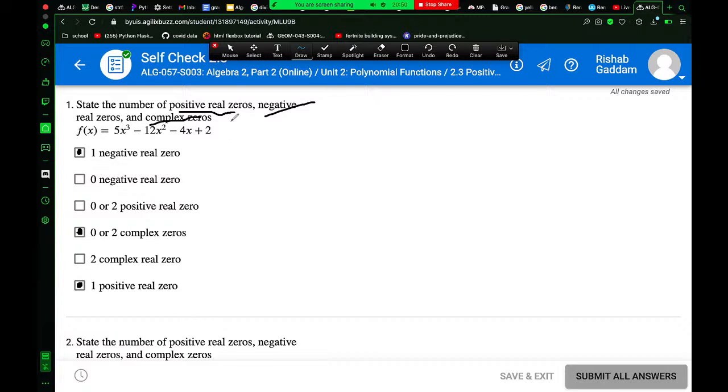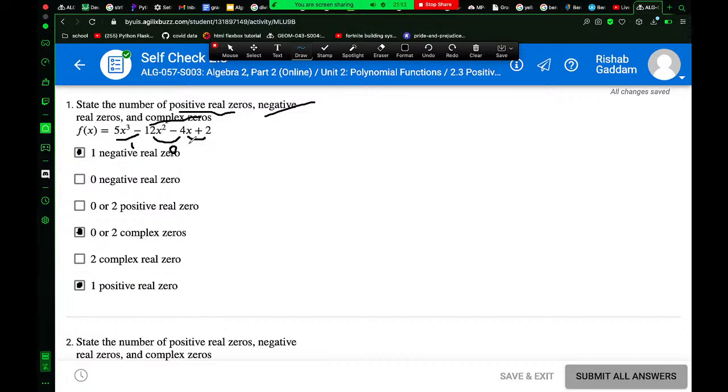Well, because 1 negative zero means like from a positive number to a negative number. So that's 1. And 1 positive real zero means 1 positive number to a negative number.